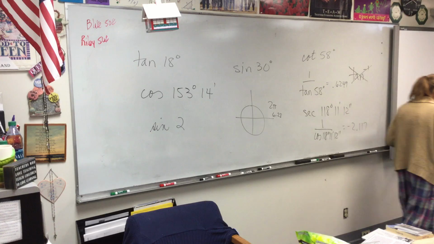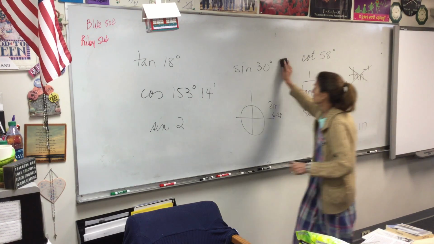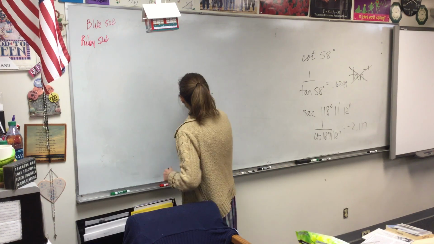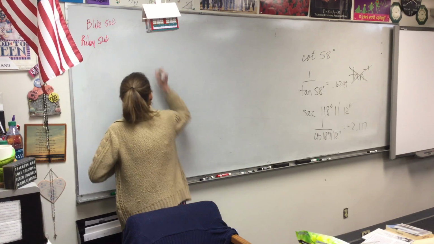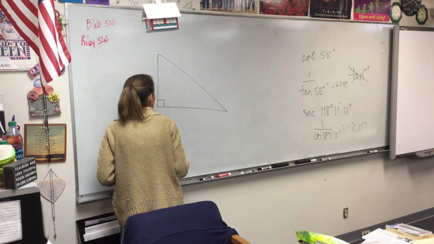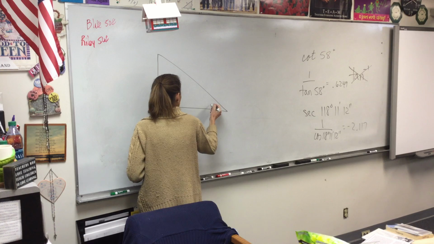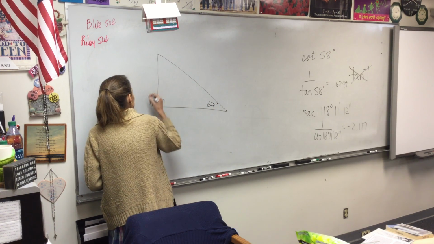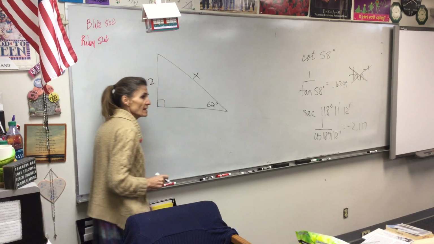Alright, so here's the kind of problems where we need to do that. Let's suppose we have a right triangle, and we know that this angle is 62 degrees, and this side is 12, and we want to know that side.